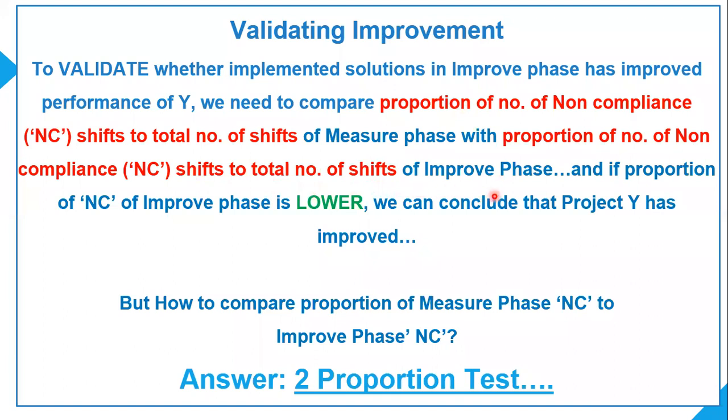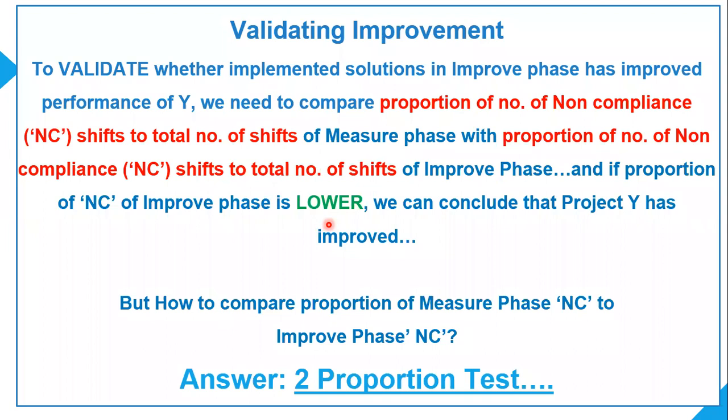So in the last few slides, we have seen that we collected some data of improve phase, right? So there we had C and NCs as well, right? So we're going to compare the proportion of non-compliance shifts to total number of shifts of measure phase to that of improve phase. And if the proportion of NC of improve phase is lower, we can conclude that project Y has improved, because NC is something which we don't want, it's supposed to be reduced.